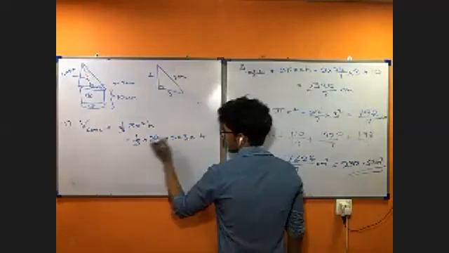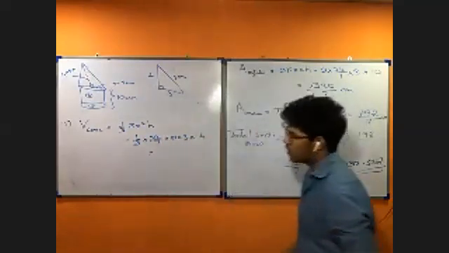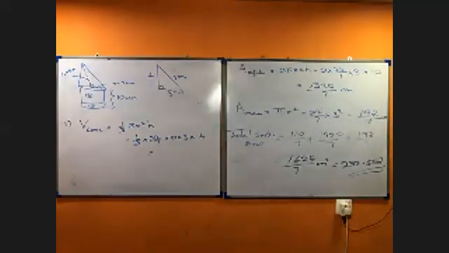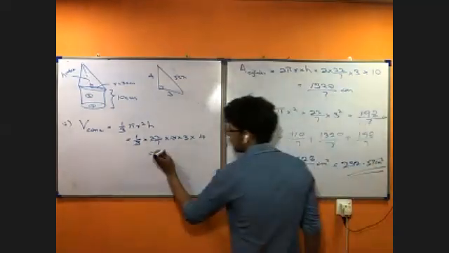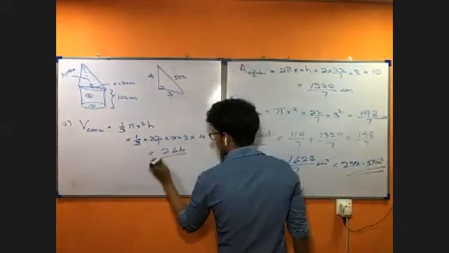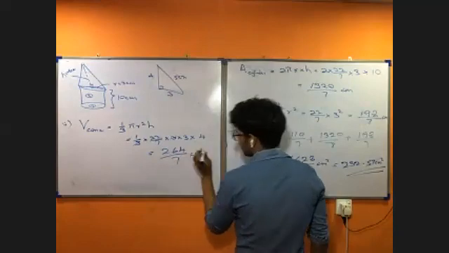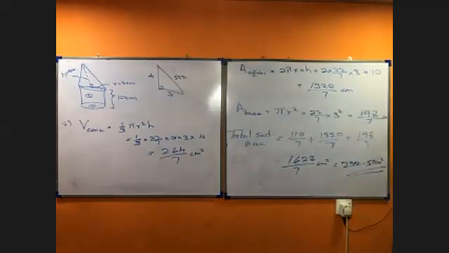So this one to this one cancel off. So the volume of the cone, I think you should get 22 into 3 into 4 divided by 7, 264 divided by 7 centimeters cubed. That is the volume of the cone.